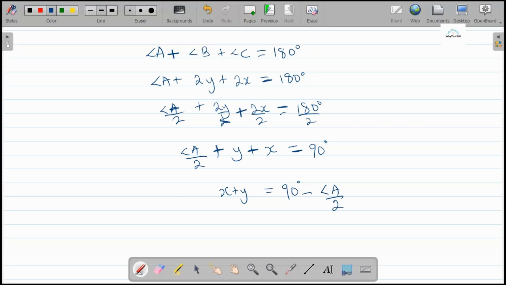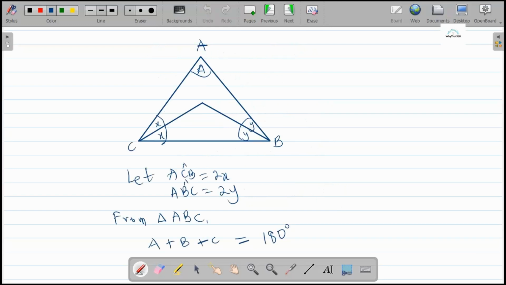Now let's go back to our previous diagram and look at something. I forgot to label that side. From the question they said they intersected at I. Now if we sum the angles in this small triangle, triangle ICB, we should also get 180.